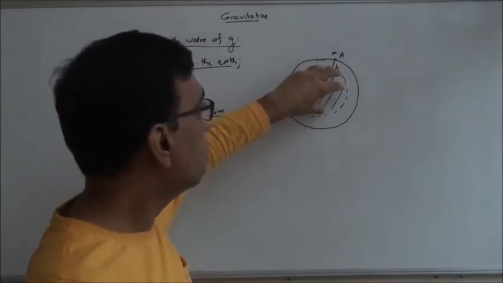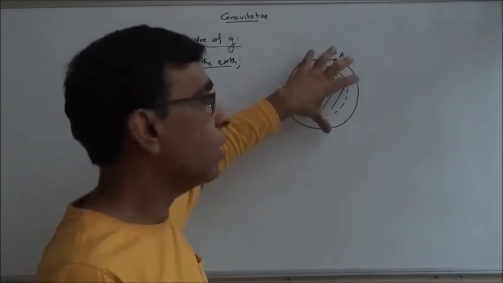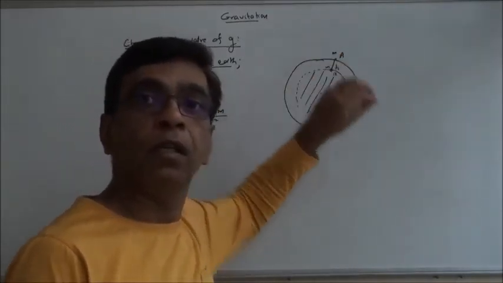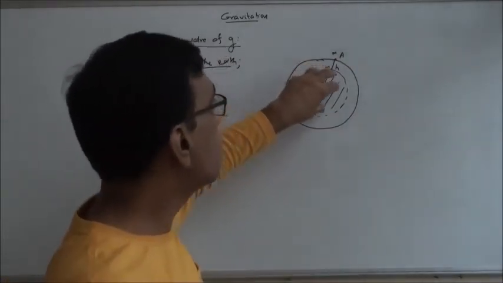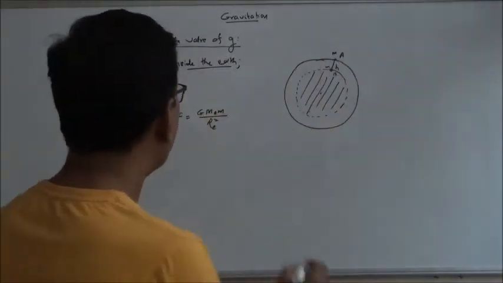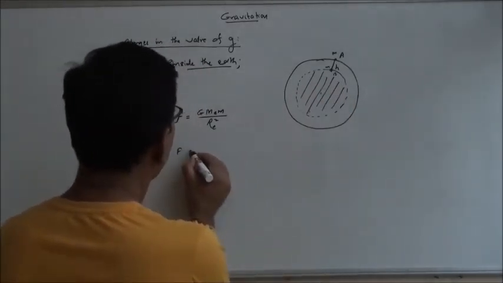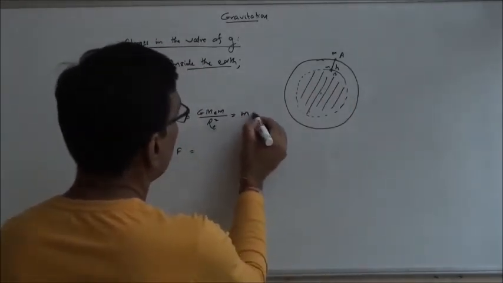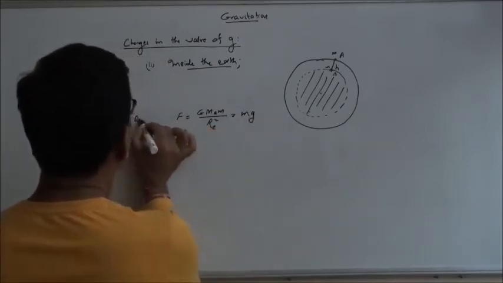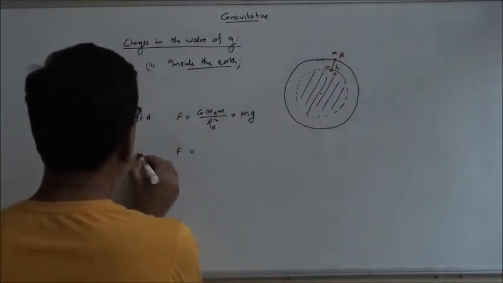One is this inner sphere and another is the outer shell. Due to the outer shell, there is no force on M. So it is experiencing force only because of this shaded part. Okay. So here it is equal to mg. This is the situation at A.